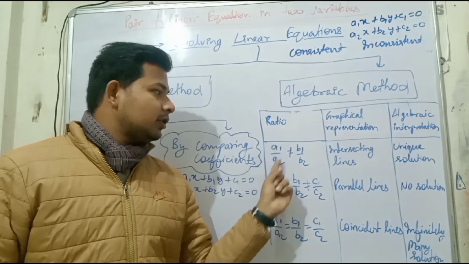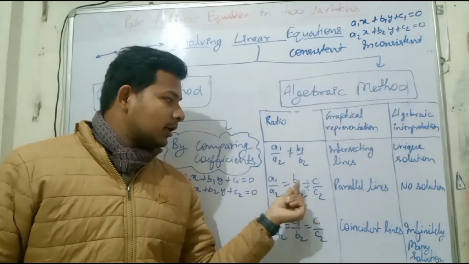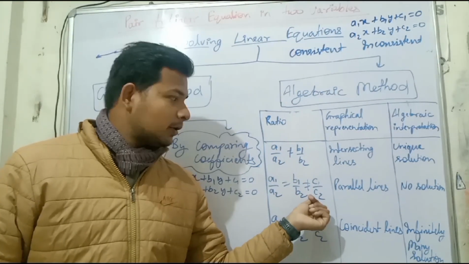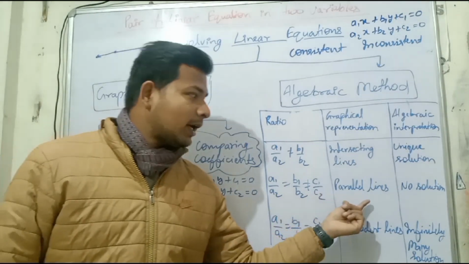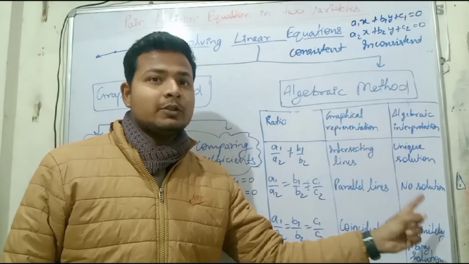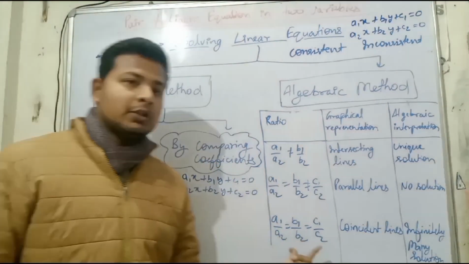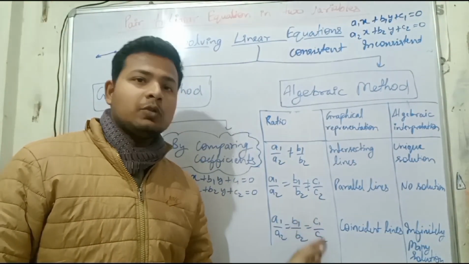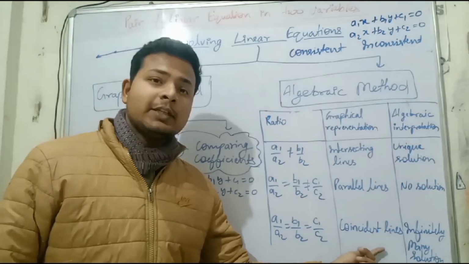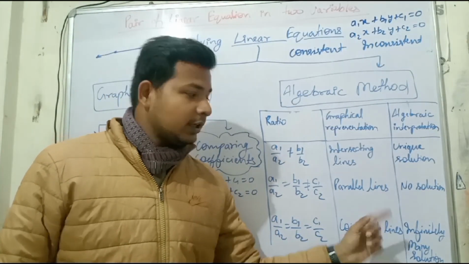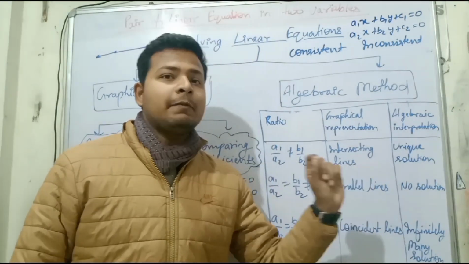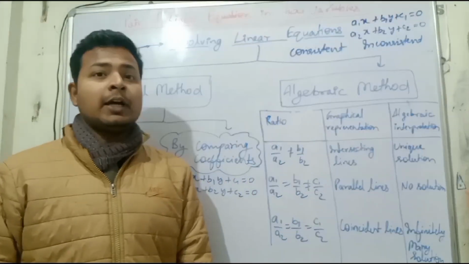Similarly, if these two ratios are equal, but they are not equal to the third one, at that time we can say that these two lines represent parallel lines and will not have any solution. And for the third one, if all these three ratios are equal, we can easily say that this represents lines which are coincident and they will have infinitely many solutions.